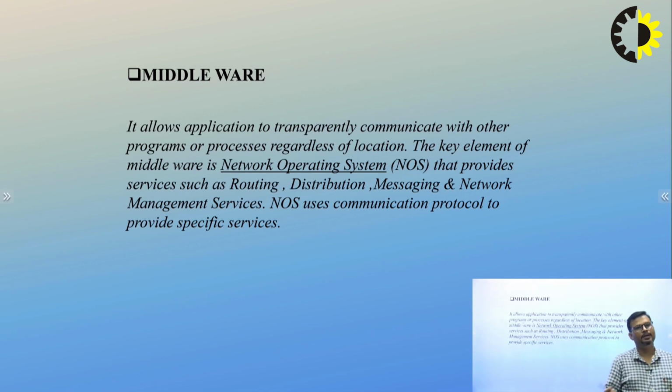Here we work on the behalf of protocols like the TCP/IP protocol, because the communication transfer is happening: Transmission Control Protocol, Internet Protocol, message passing, Simple Mail Transfer Protocol. These also work on the behalf of middleware. Okay.